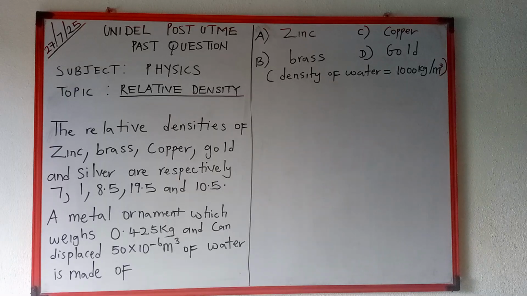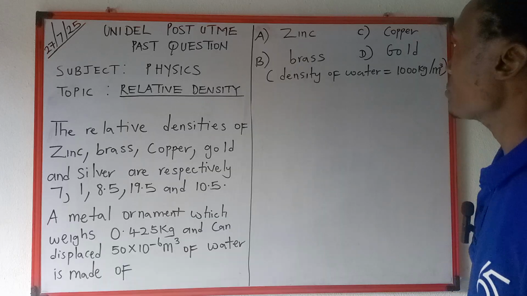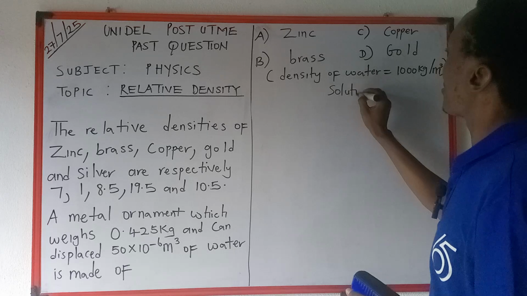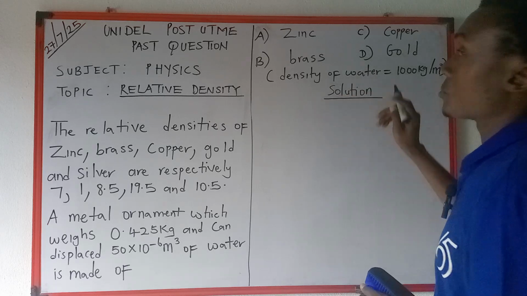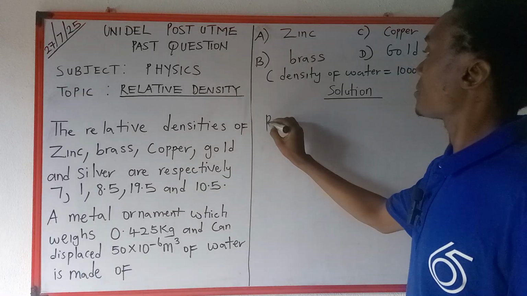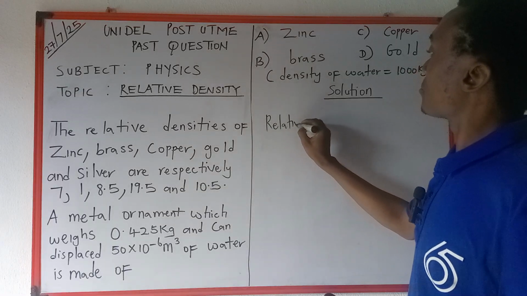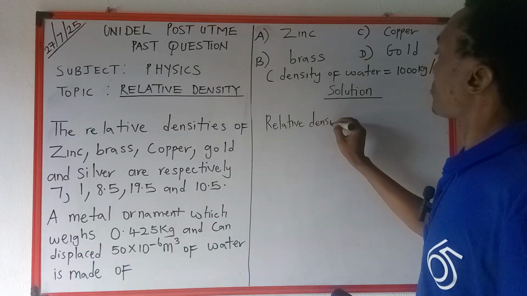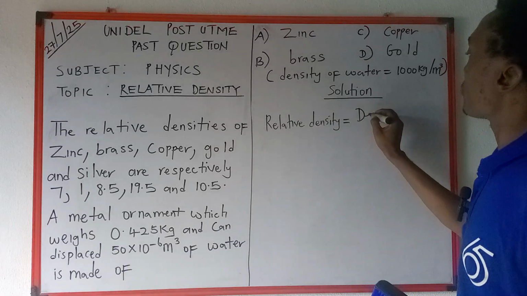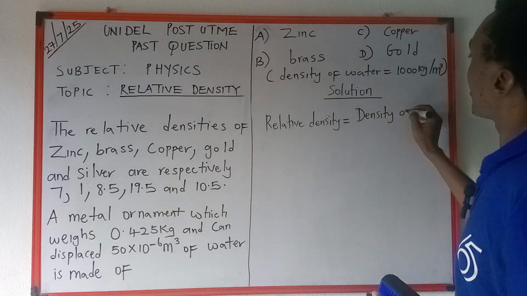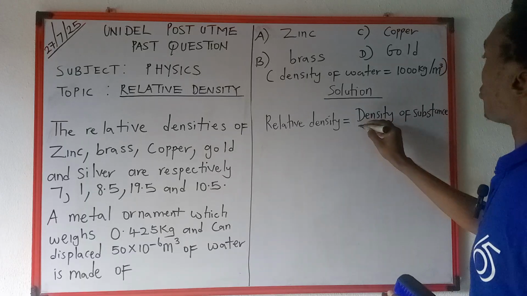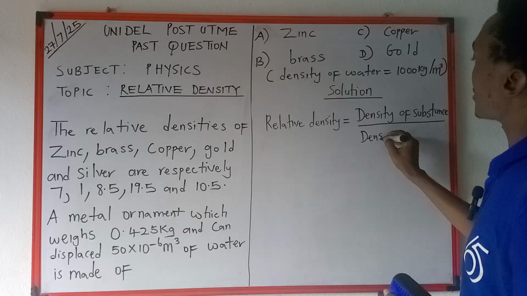So let's solve. Now, the solution. We all know that relative density is always given as density of substance over density of water.